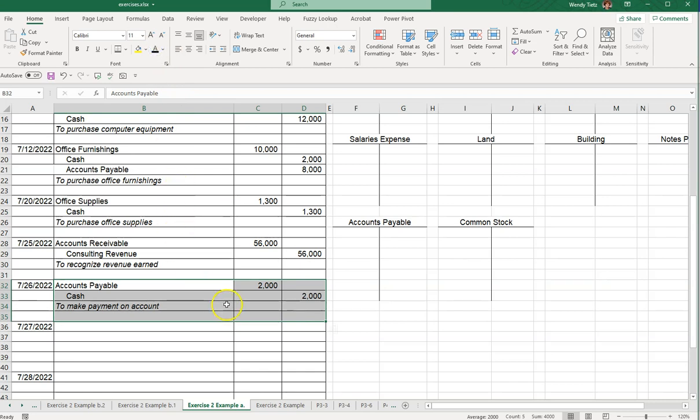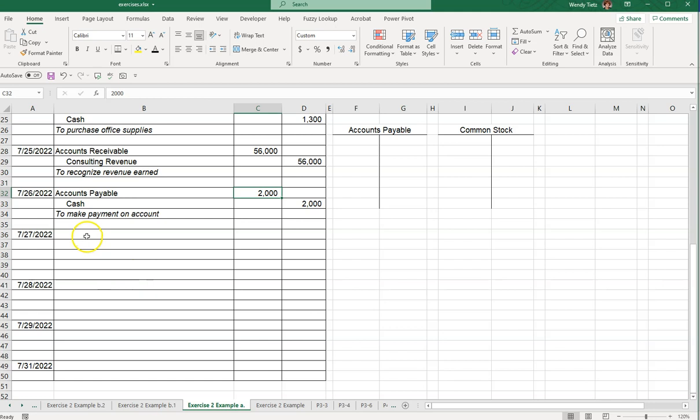Okay, so accounts payable, we paid them the first payment, the second payment of $2,000. And so we're spending cash, so cash would be credited. Notice that our credits are always listed after our debits. And then why are we paying cash? We're paying cash to pay down the accounts payable that we owe. So we now owe less, so our liability decreases. To decrease a liability, we debit it.